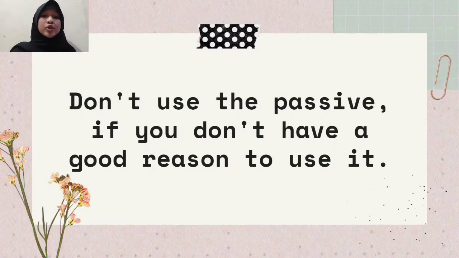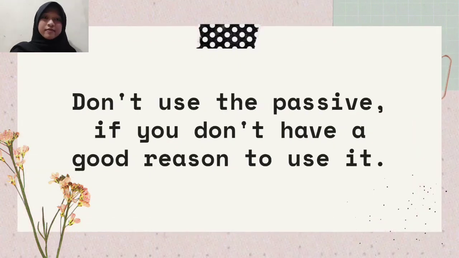Do you need to use it to change the emphasis of your sentence? Do you need to sound more formal and impersonal? Do you want to focus on the action instead of whoever did the action? If not, don't use the passive.